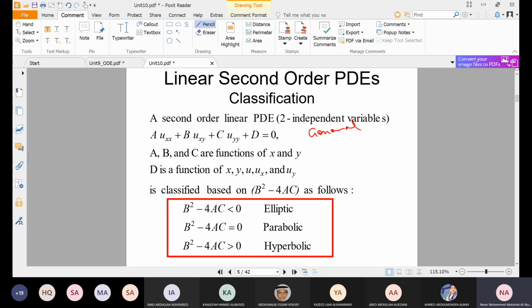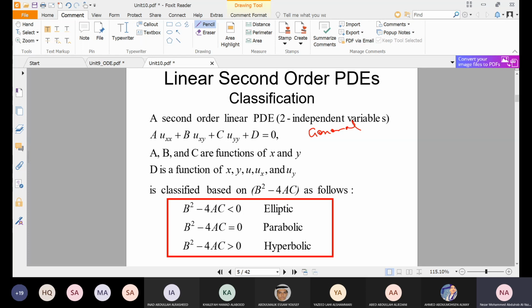The second type of equation is the parabolic equation. Here we have b squared minus 4ac equal to 0. The third type, the hyperbolic equation, has b squared minus 4ac greater than 0.